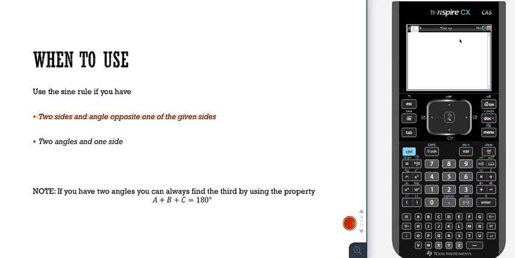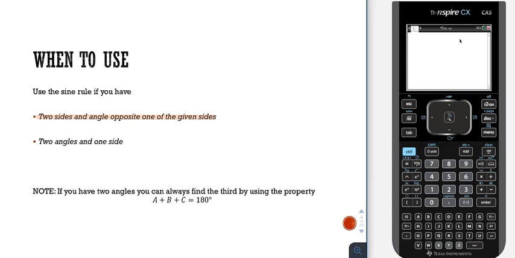So when to use it? The sine rule is only used if you have two sides and an angle opposite one of the given sides. So you need to pair together an angle and a length, and then if you've got another side length somewhere.